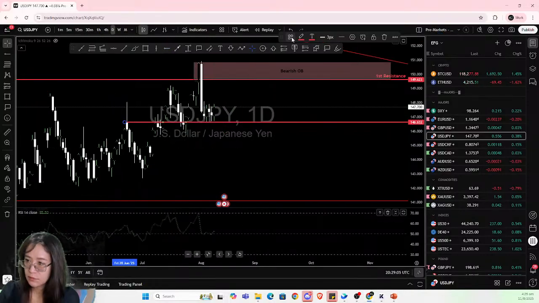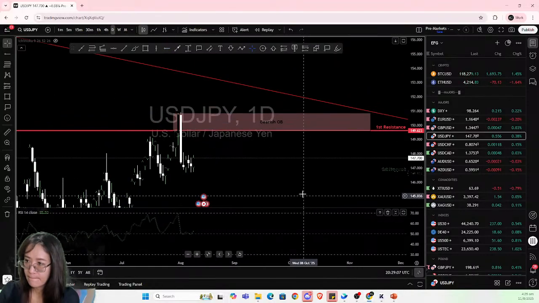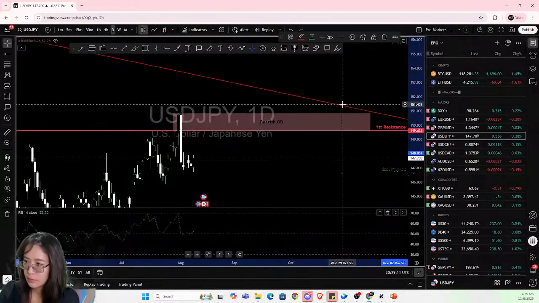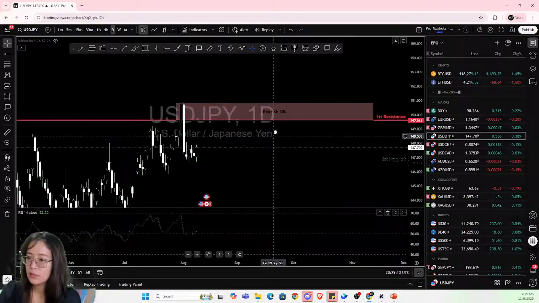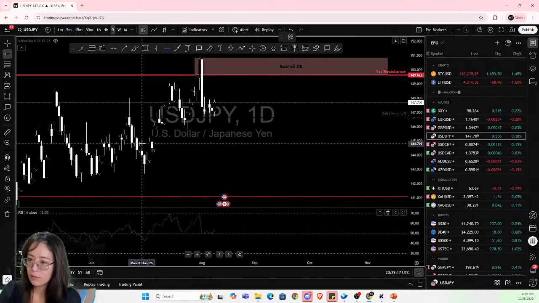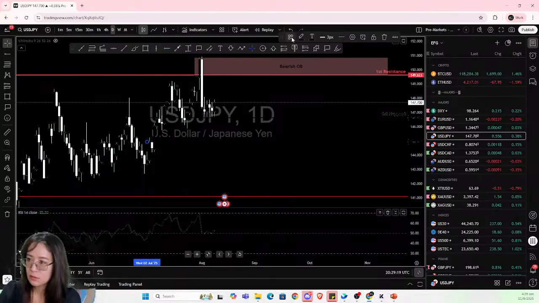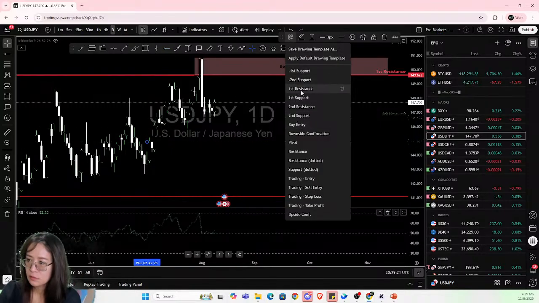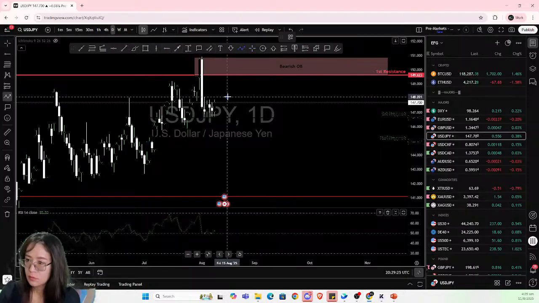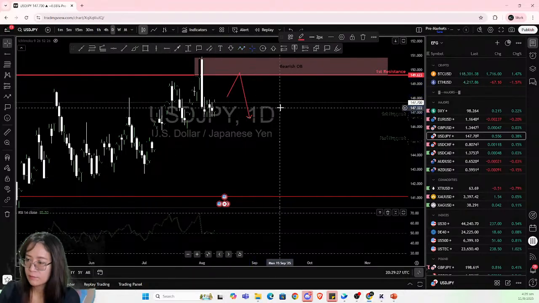This is the first support. Right? The next support level is here. So price goes inside and then falls.